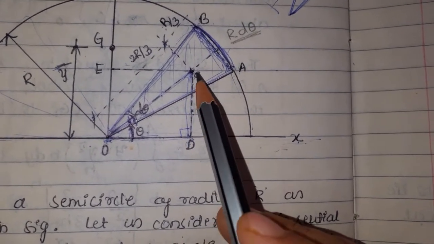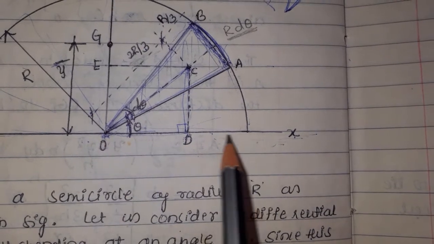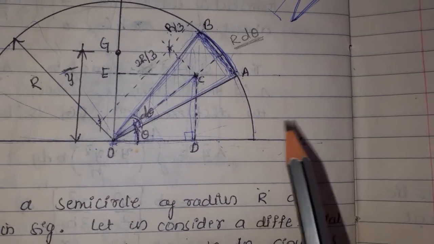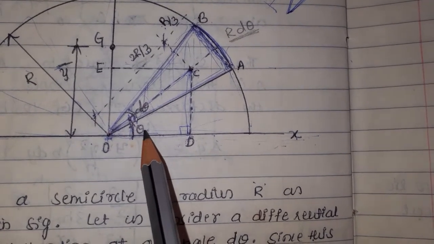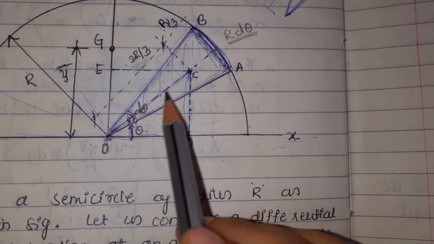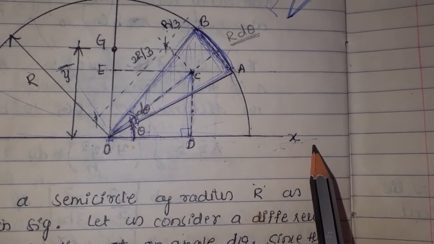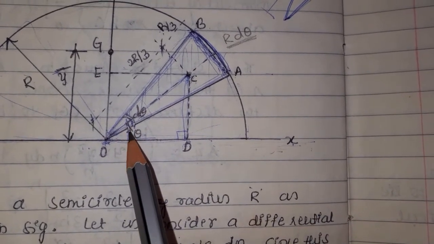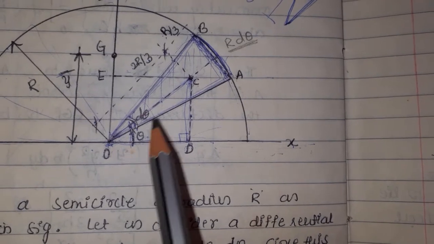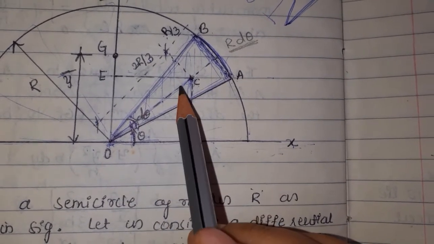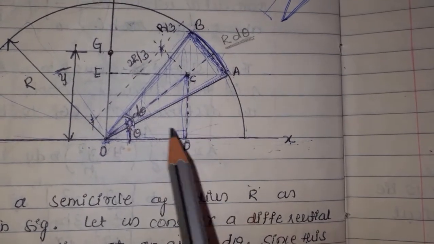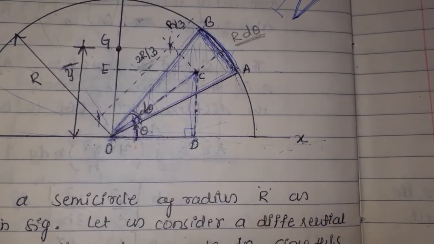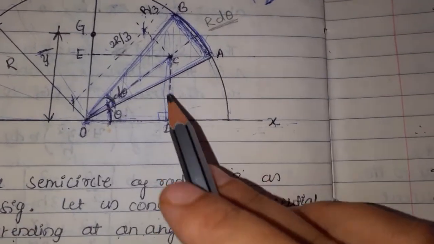Let CD be perpendicular to the x-axis. Again, theta is the angle made by OC with respect to the x-axis. Now sine theta is equal to opposite divided by hypotenuse, CD by OC.